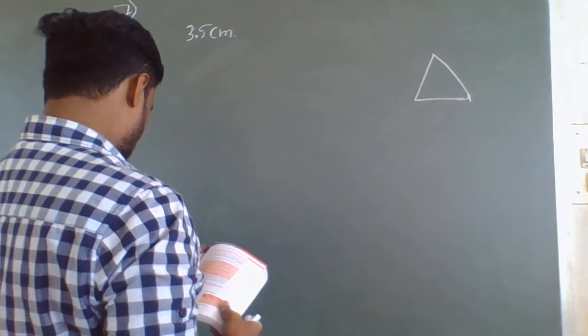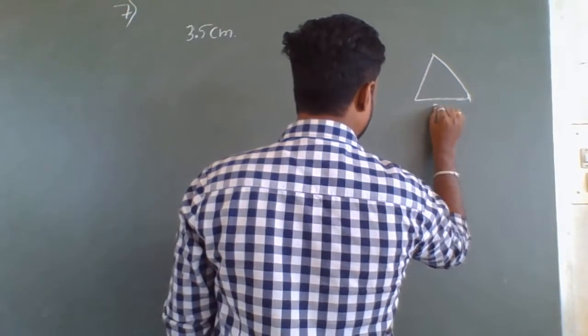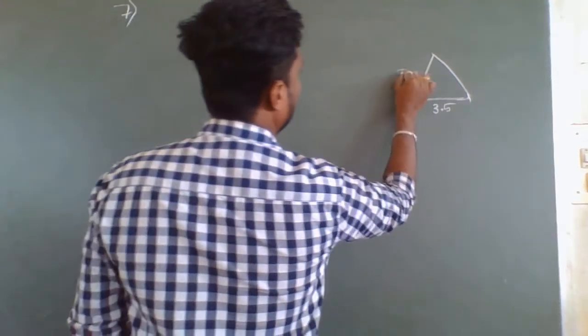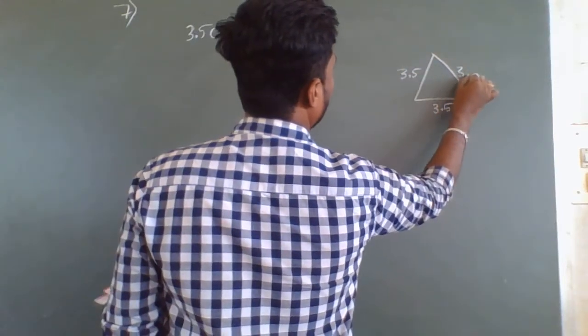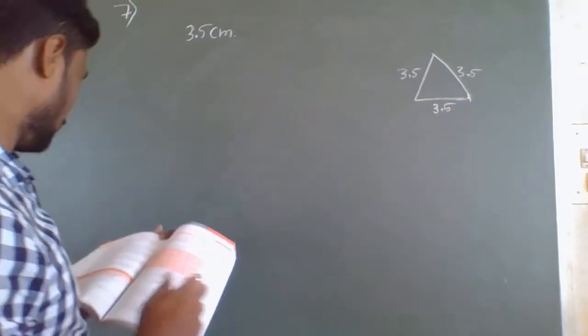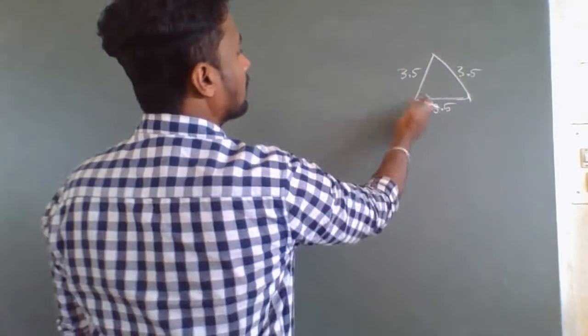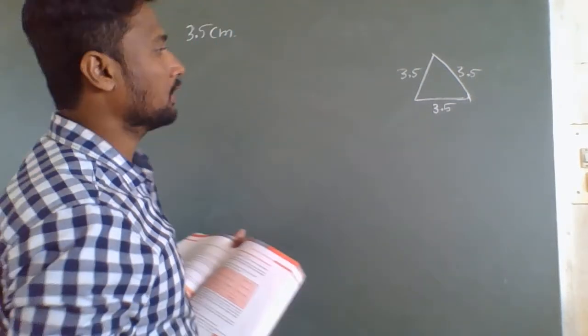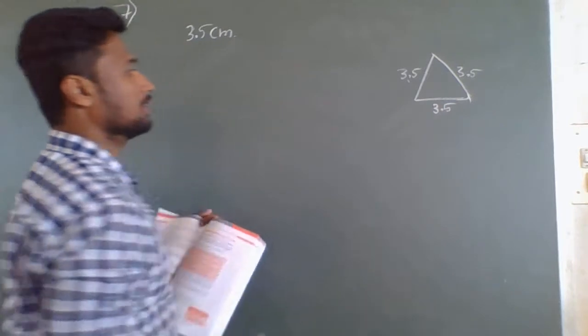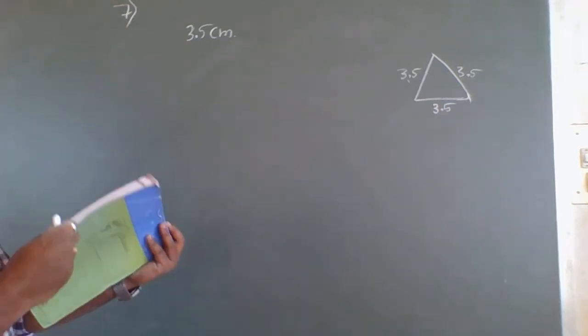It means if one side is 3.5 centimeter, then all the sides will be 3.5 centimeter only. Why? You know that in an equilateral triangle, all the sides are equal to each other. Therefore, if one side is 3.5 centimeter, then all three sides are 3.5 centimeters only.